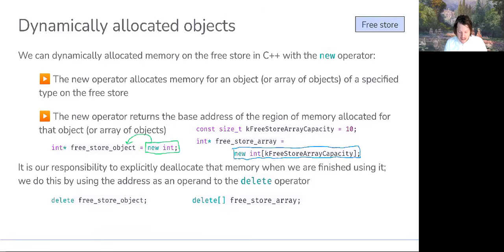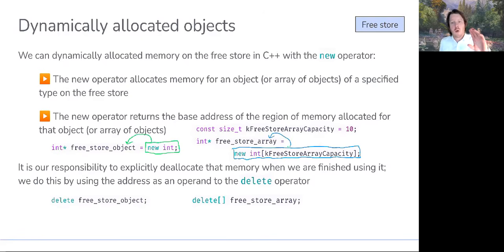Likewise, if we're requesting a new array on the free store, the new operator is going to return an address, and we could store the address of our dynamically allocated array in free store array, which would be a pointer to an integer object residing on the stack.